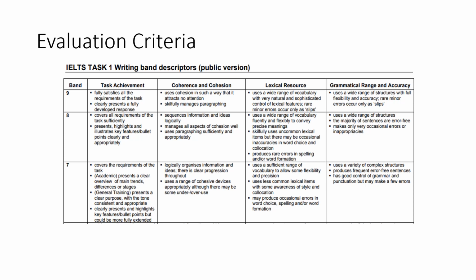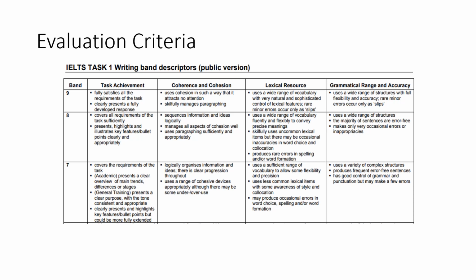That means fully satisfying all the requirements of the task. Cohesion and coherence refers to easy flow of ideas, which means if somebody hears you or reads you, he or she understands you directly without paying too much attention. You know, uses cohesion in such a way that it attracts no attention.